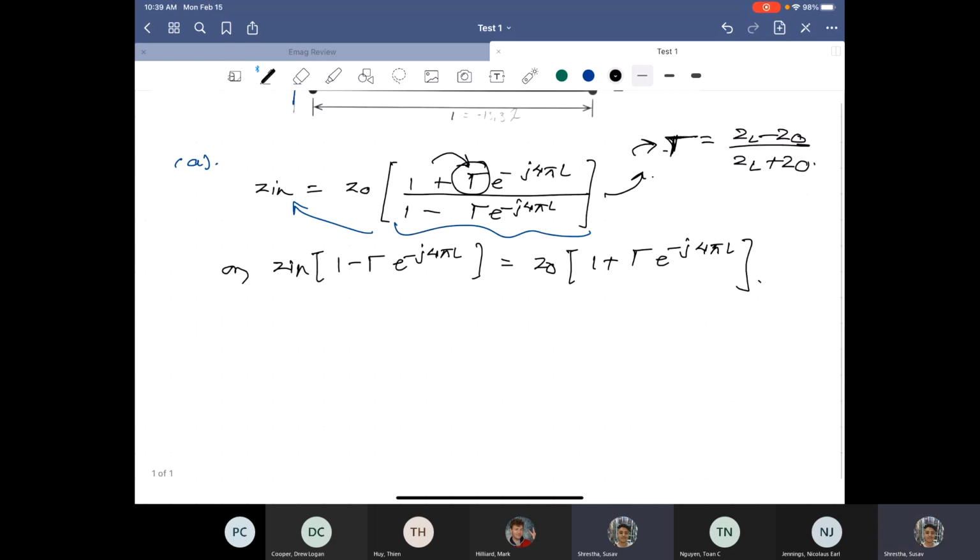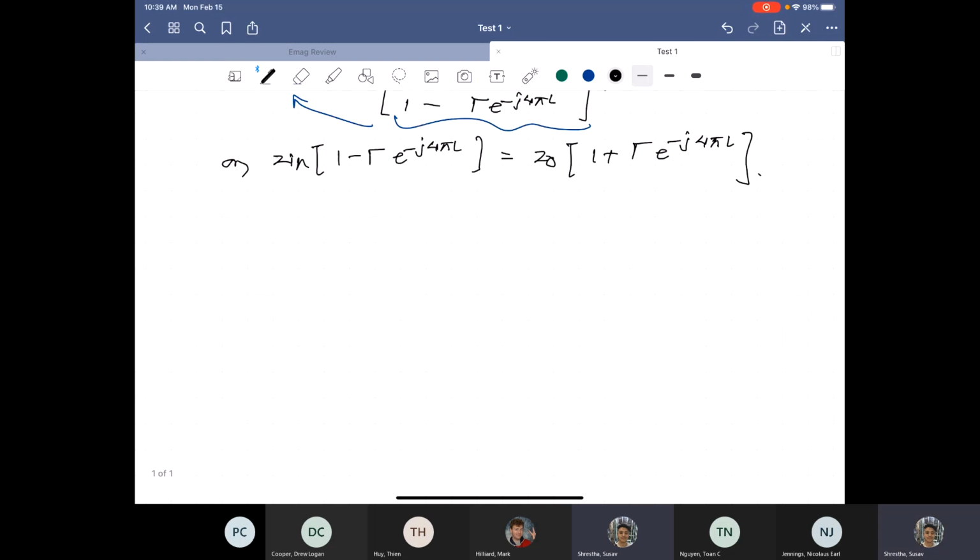I'm losing you guys. No, you're just splitting up the equations. Yes, correct. All right, now I'm just going to put the reflection coefficient on one side, everything else on the other side. So just Z in times Z in. Let me not skip any steps today.